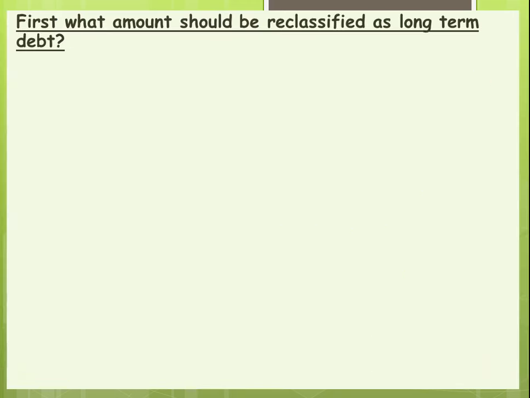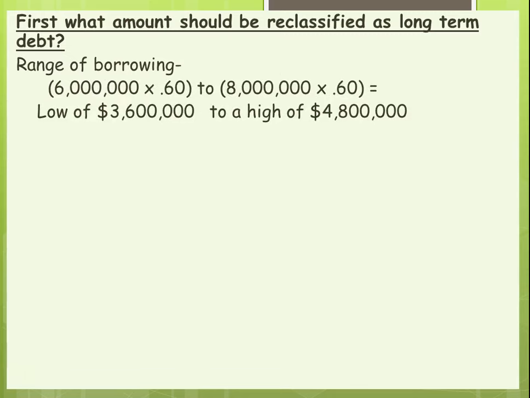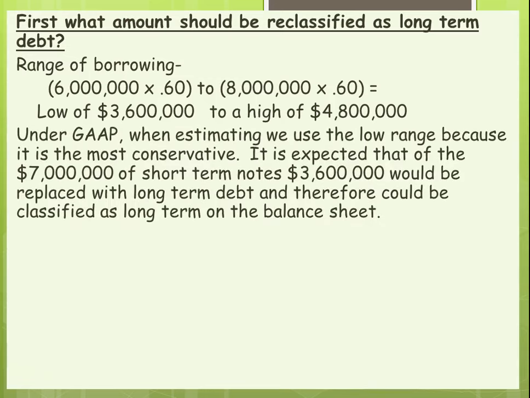Well, let's take a look at the rules. If you have a range, and in this case it would be, we take each one times 60%, we have a low of 3.6 million to a high of 4.8 million. Under GAAP, we are required to use the low estimate.